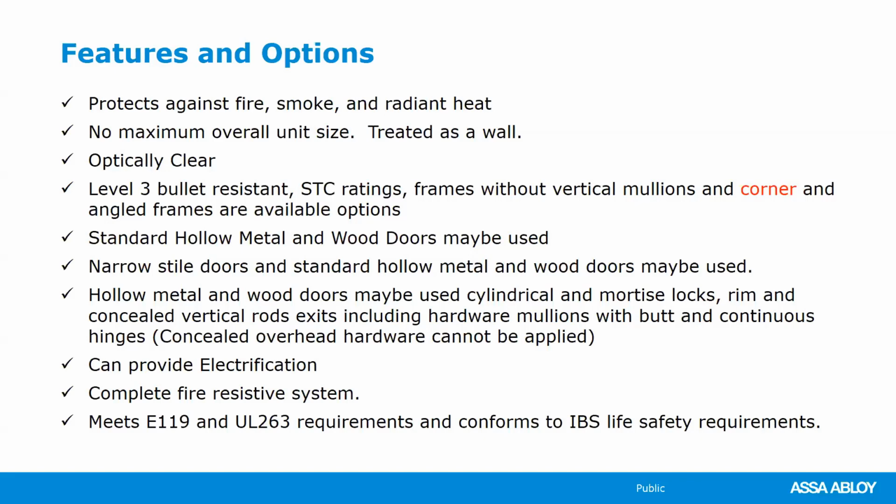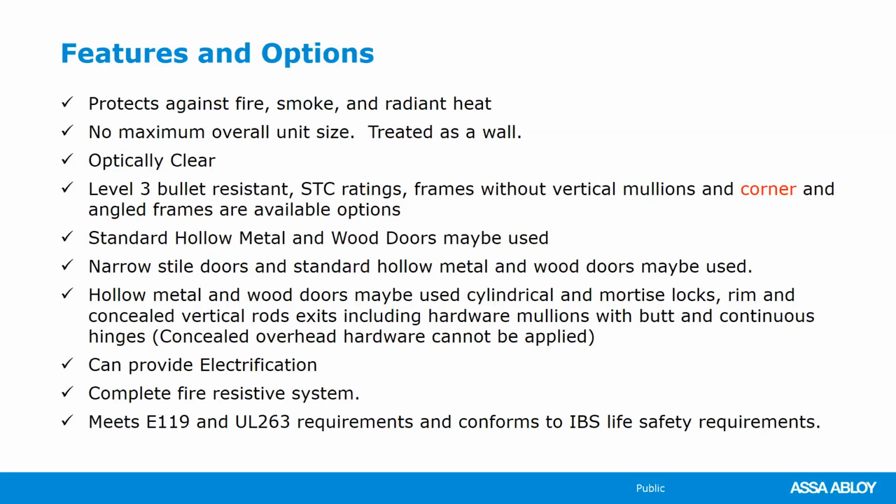The hardware you can use with those doors includes mortise locks, cylindrical locks, rim exits, vertical rods. You can do rim exit by mullion. You can have butt or continuous hinges. The only thing that you really have to be careful of for the most part is any overhead concealed hardware.